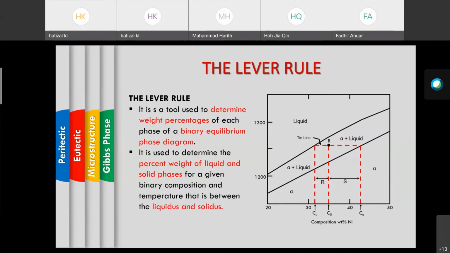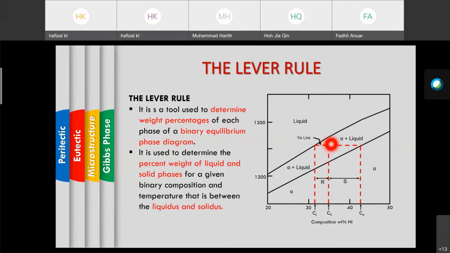In the lever rule, we can get the information on the phase composition. Say we have set a point somewhere around here at B. From there we can set the B position.